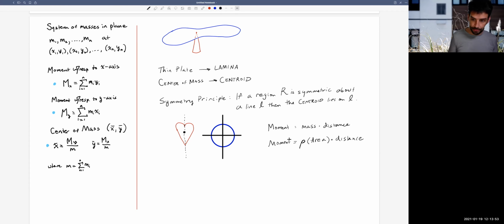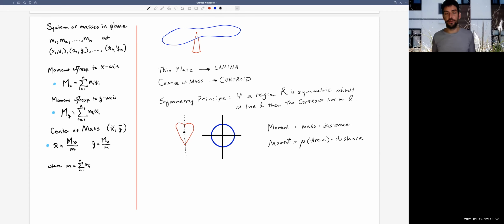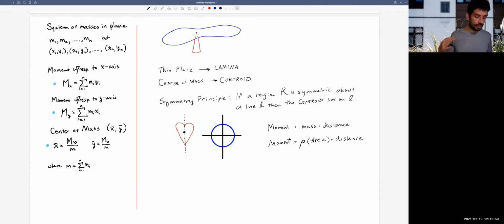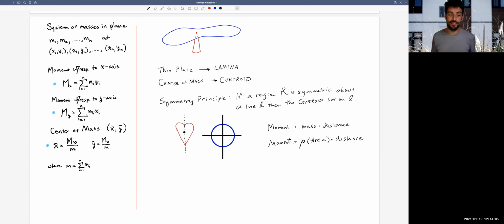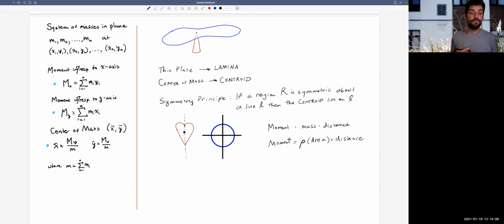I will also note right now that the densities that we are going to be talking about, for these laminas, we are going to assume that they're constant, right? We've done problems with linear densities that were changing. We're not going to have changing densities. And what we'll find out is that whatever this constant density is will end up canceling out in our computation, so it won't really matter much to us.